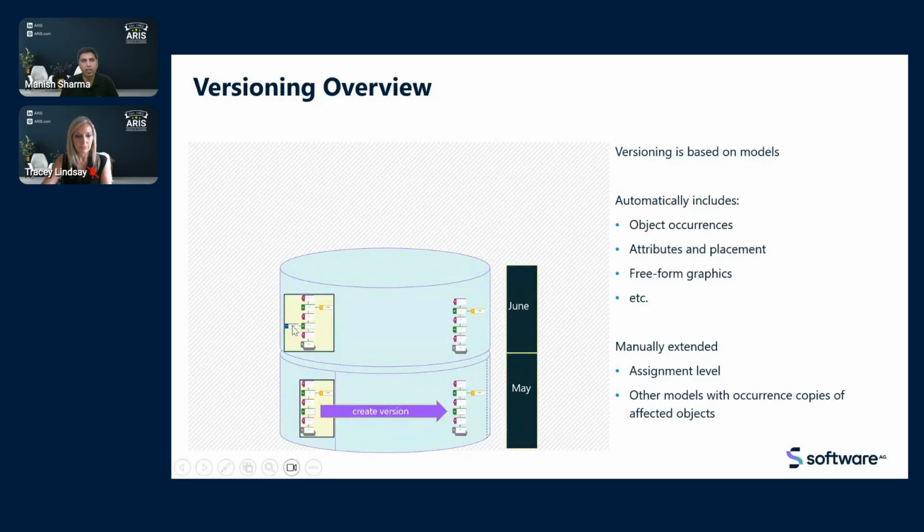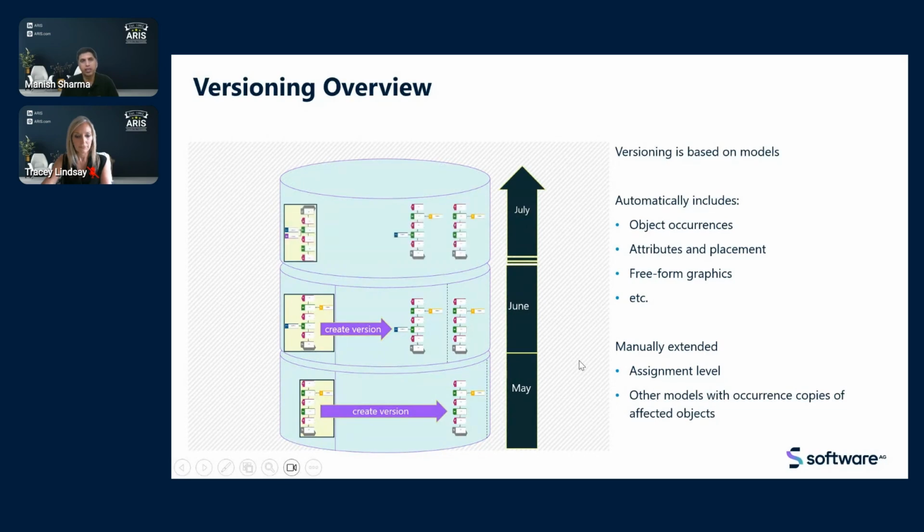You added a new application to carry out a particular task, and then you created another version of it. And then in July you figured out that one of the roles is not required anymore, so you deleted that role, you added some data elements to it, and then you took another version of it.